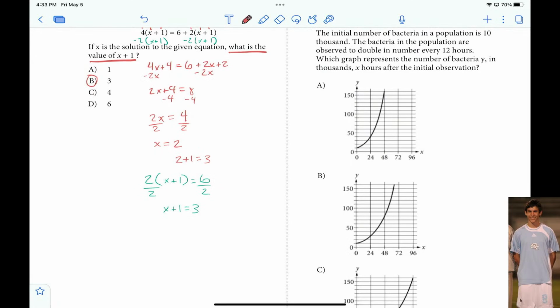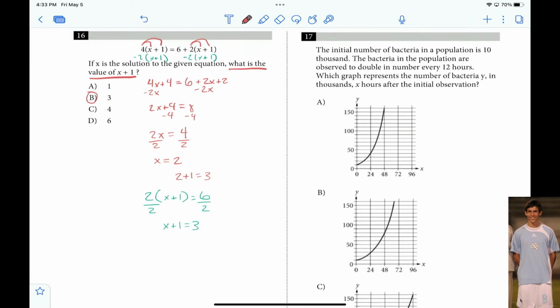For this, I would almost just kind of guess and check. We know that we have 10,000. So when it's been 0 hours, I'm still going to have 10,000. And then when it's been 12 hours, I would basically take points. So when x is equal to 12, my y would just be 10,000 times 2.